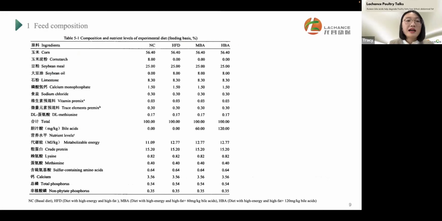You can see that the diet was a corn, soybean meal diet. And also you can see the metabolizable energy level and the crude protein level in the NC group, HFD, MBA, and HBA groups.